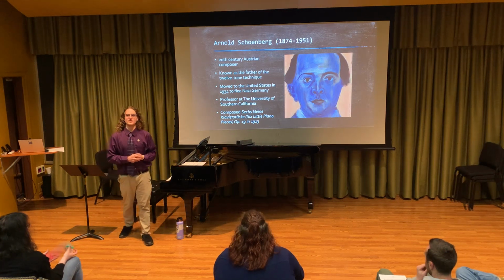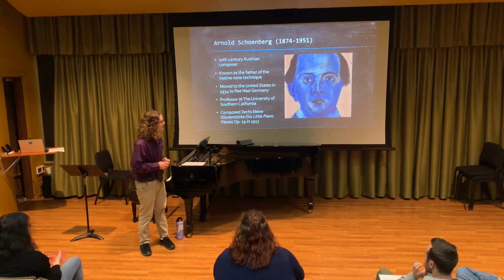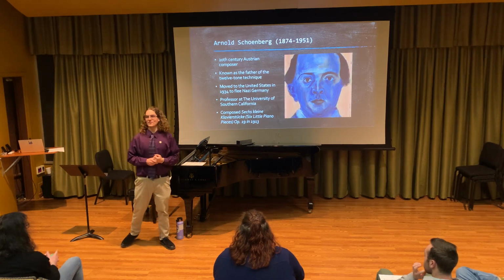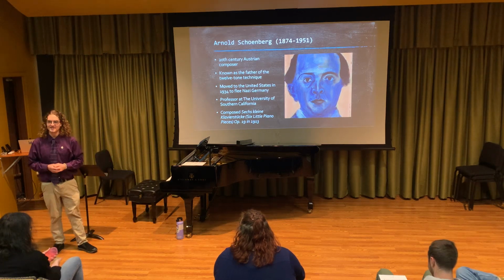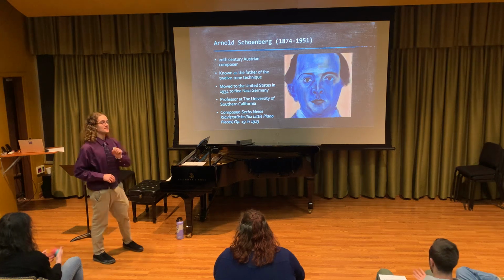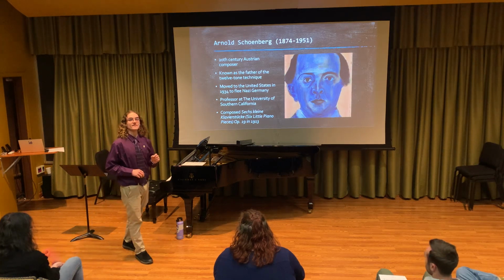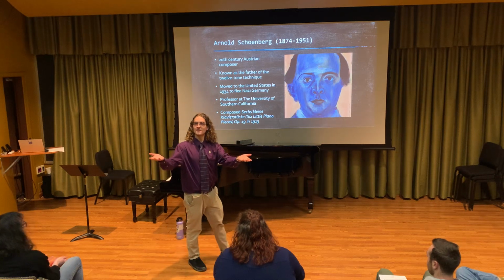One more fun fact about Schoenberg. He died at the age of 76 on July 13th, 1951. Schoenberg had a superstition of the number 13, and on July 13th, at 76 years old, 7 plus 6 equals 13.